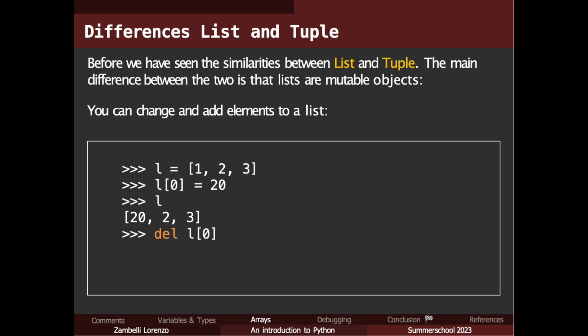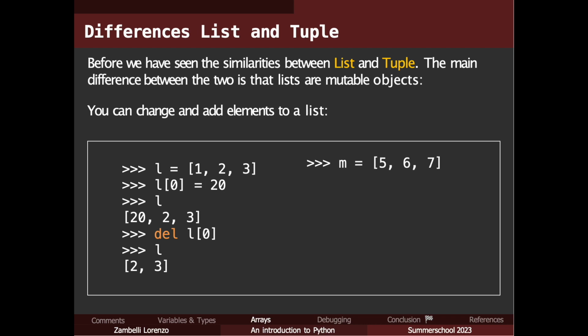Take in mind that in Python, for any list, any arrays in general, any array that is indexable starts at 0. We can delete with the del function, then print L, and we have the deleted version.